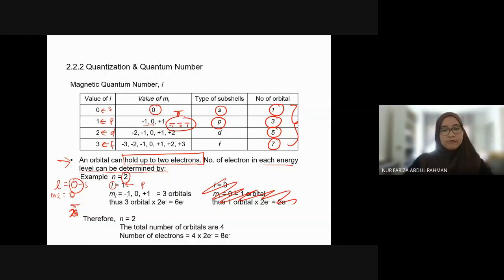And for ML, we have -1, 0, +1. Okay, if I were to draw the orbital diagram, so 1, 2, 3. So this is the room number, -1, 0, 1. So the subshell notation can be written as, apa dia? Guys, if this one we have 2S, how about this one?